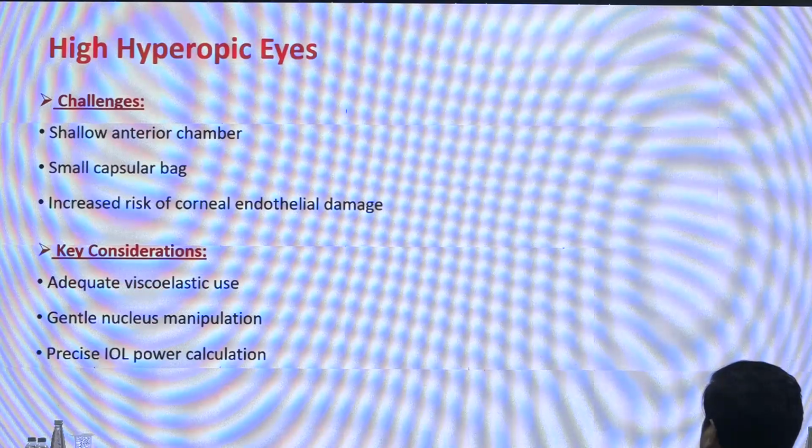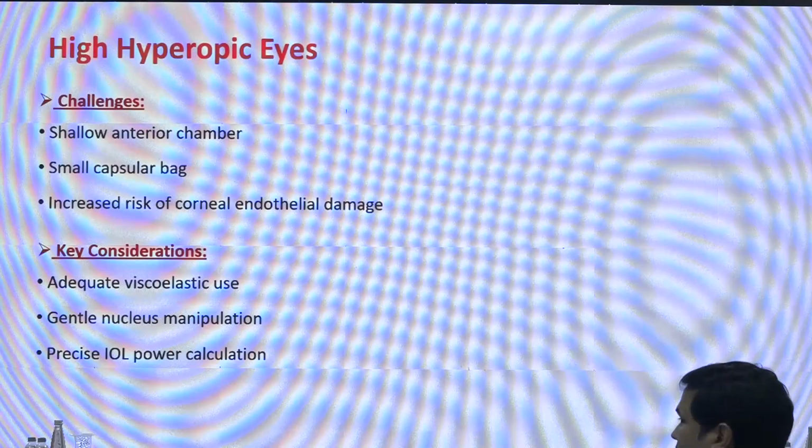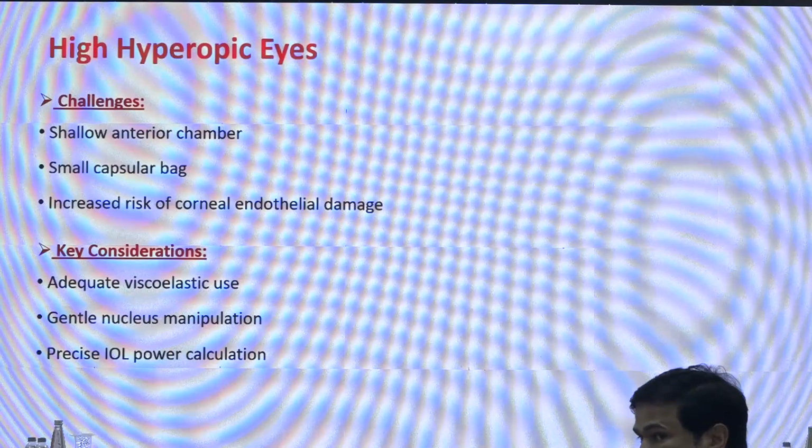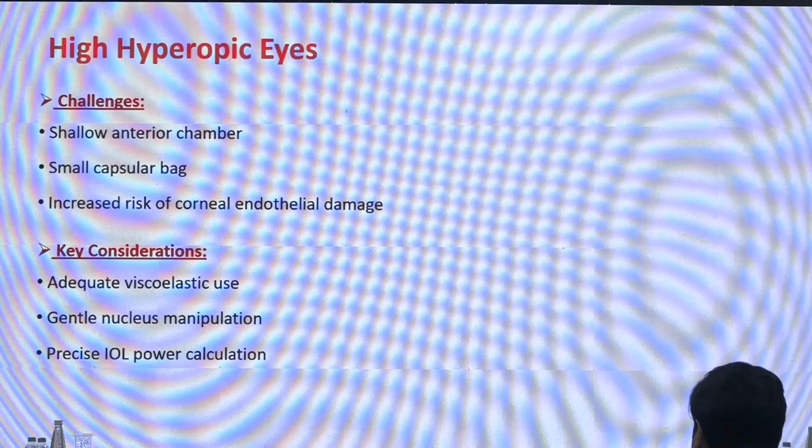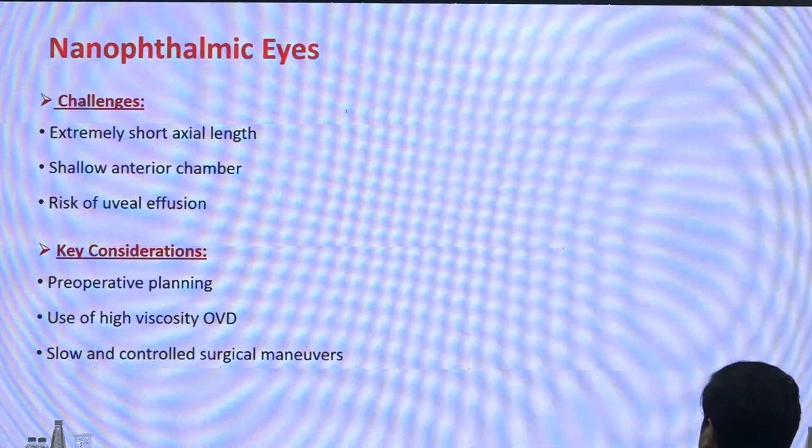In high hyperopic eyes, the challenges are, as we all know, shallow anterior chamber, small capsular bag, increased risk of corneal endothelial damage. The points that we'll be covering are adequate viscoelastic use, which visco to be used, gentle nucleus manipulation, and precise IOL power calculation.